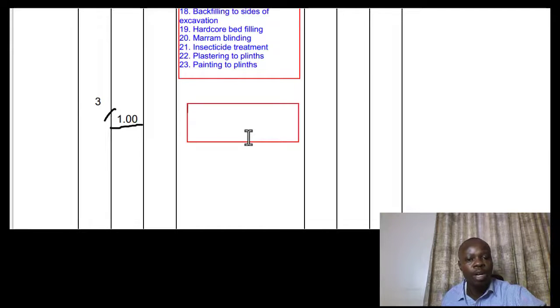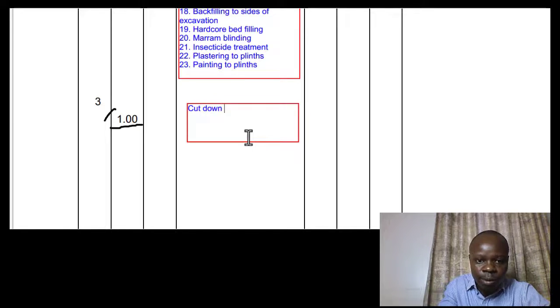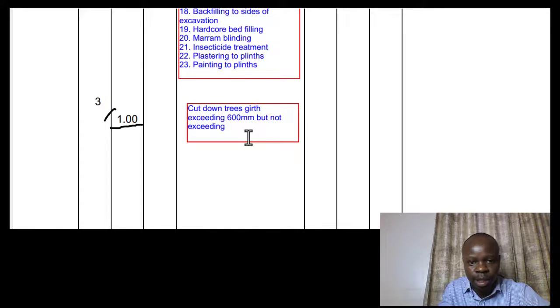So you'll make your description, and it goes, for instance, cut down trees, girth exceeding 600 millimeters but not exceeding 900 millimeters.